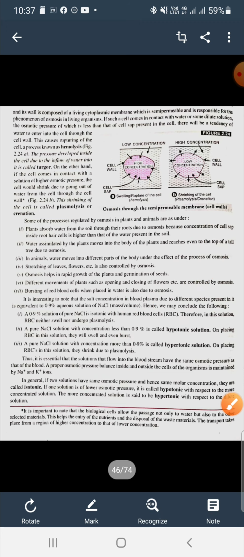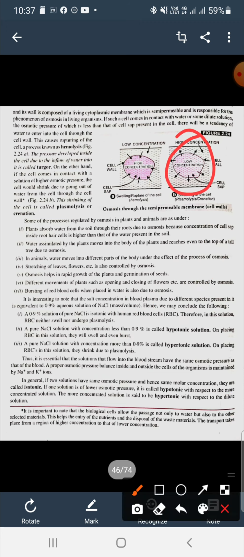On the other side, if your cell comes in contact with a high concentration solution, then the solvent molecules from the cell will come out of the cell into the solution. So there will be a shrinking of the cell. This is known as plasmolysis or crenation.